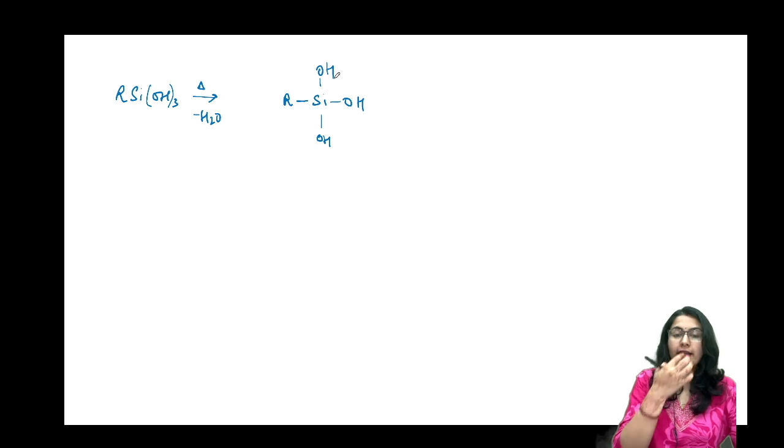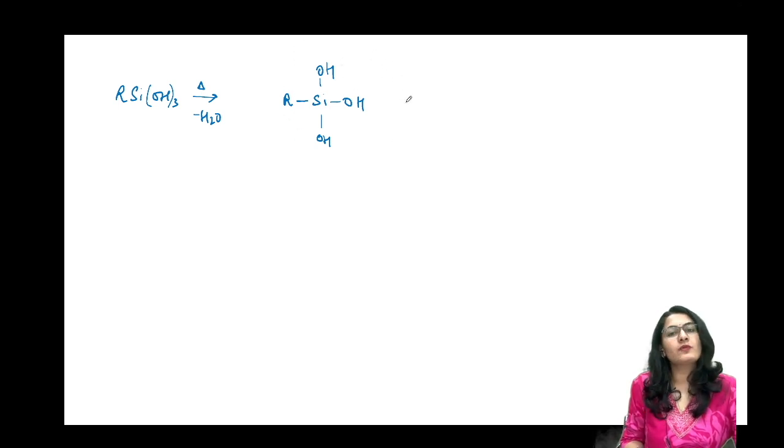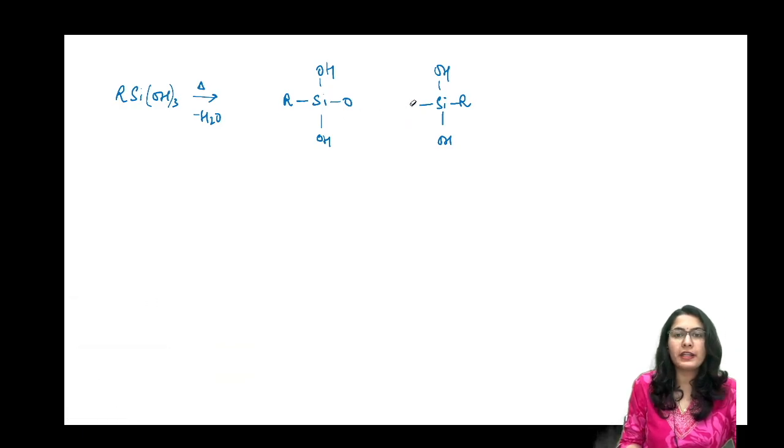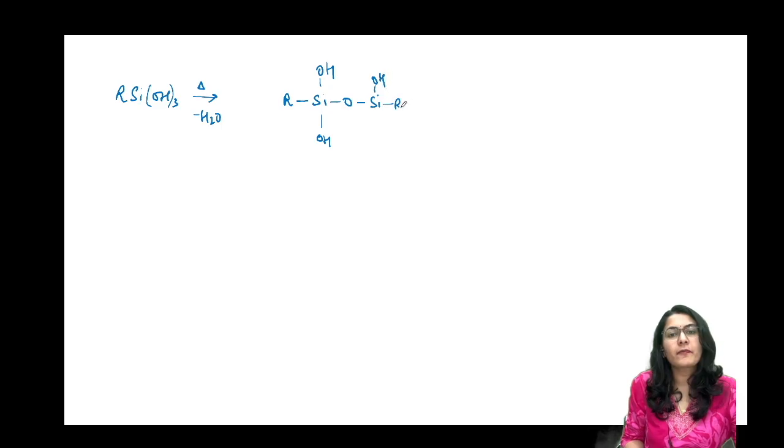Now what happens? One more such molecule comes, and it is going to eliminate a water molecule together. You have eliminated H2O. I have to rewrite this one. And it forms a dimer like this.